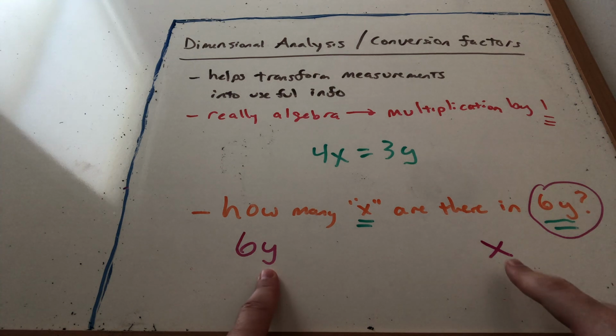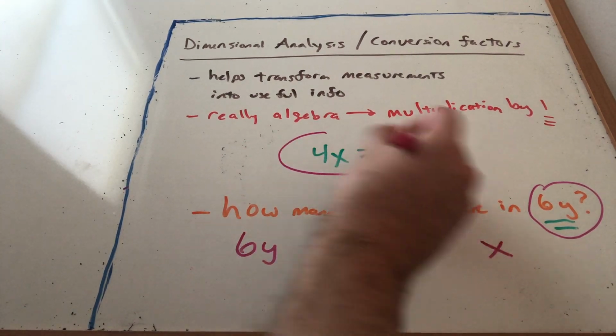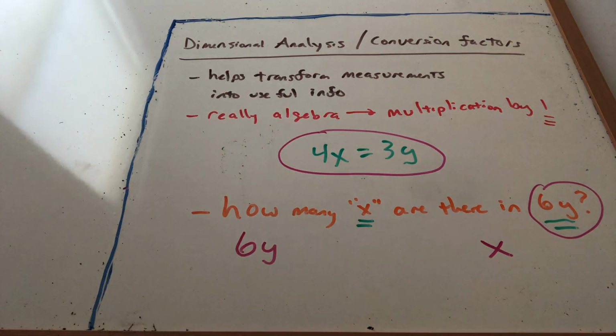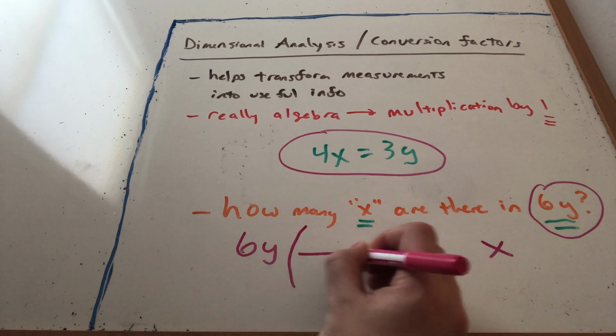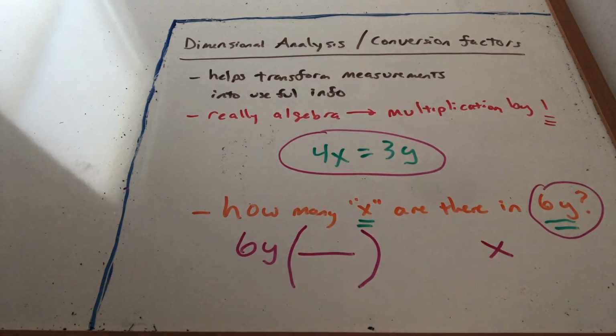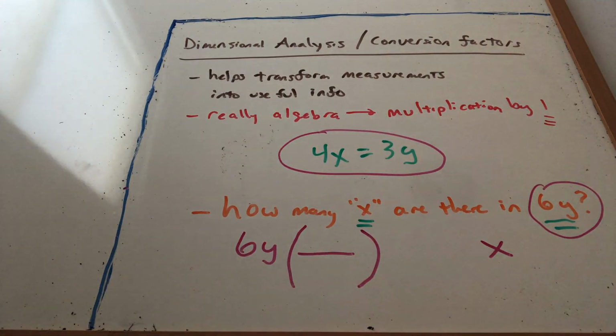So how do I take a y and turn it into an x? Well, I have this equality. And I know that this equality can build fractions, okay? We can build a fraction where we're multiplying by 1, but it's changing our information. So next to this, I can say, okay, I'm going to use dimensional analysis. I'm going to use a conversion factor. Here's the equality. The 3 is stuck to the y.